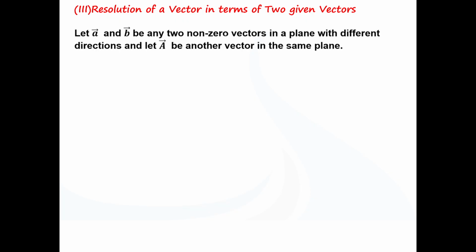Now, resolution of a vector in terms of two given vectors. Let vector A and vector B be any two non-zero vectors in a plane with different directions, and vector P be another vector in the same plane.